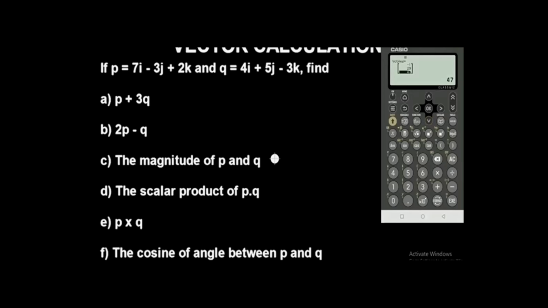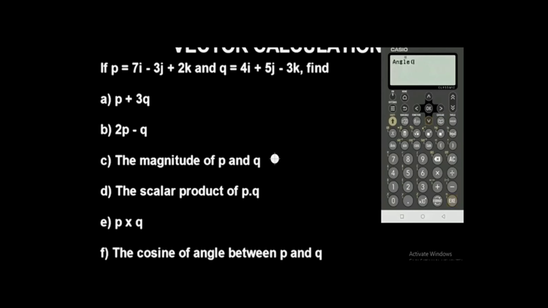Lastly, before we end this video, the cosine of the angle between P and Q. So cosine of the angle, let's go out of this place. So you press catalog, vector option, vector calculation, then go to angle.